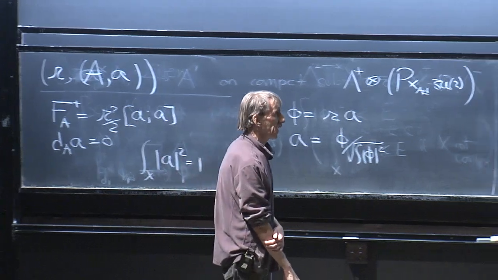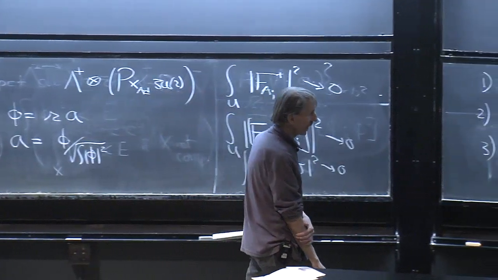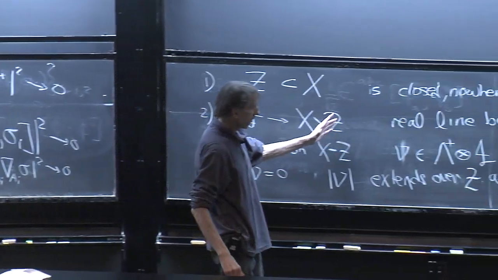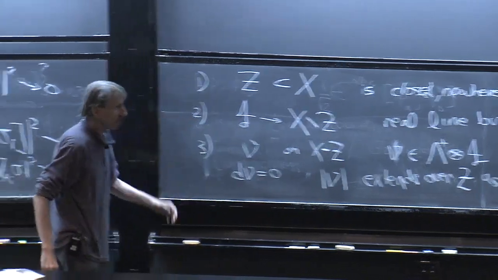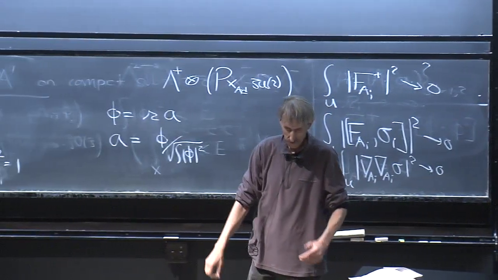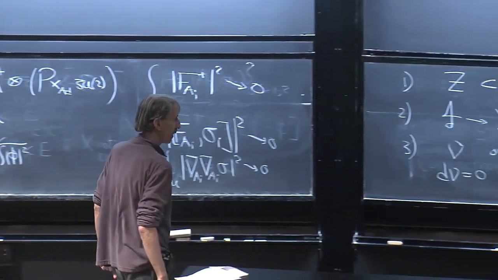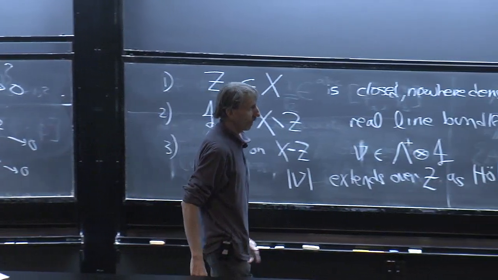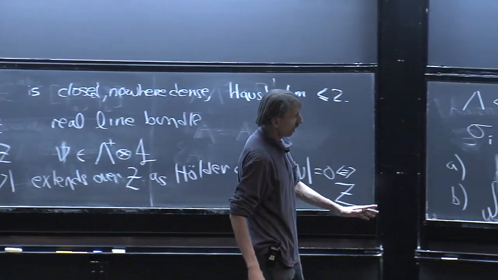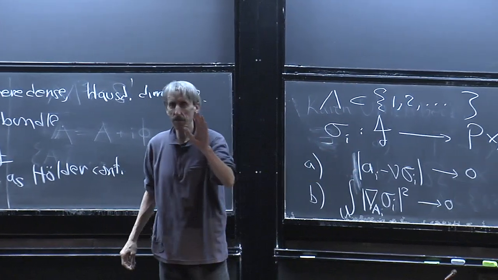So what's happening is that there's a bad set Z, which is morally looking like a surface and some lower dimensional stuff. And on the complement of that bad set, A is trying to align itself in the Lie algebra.